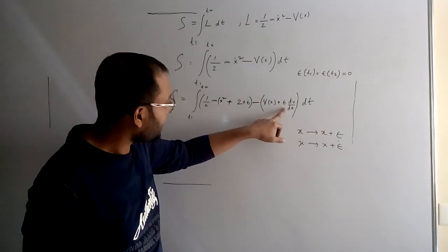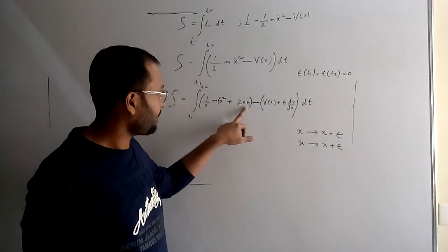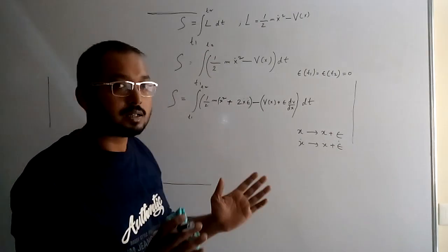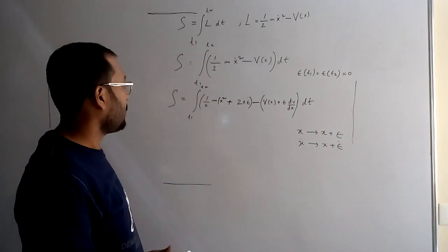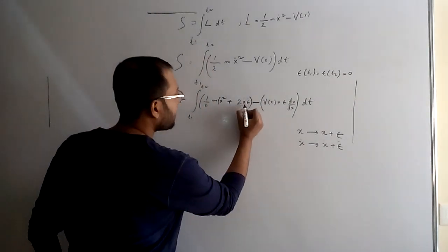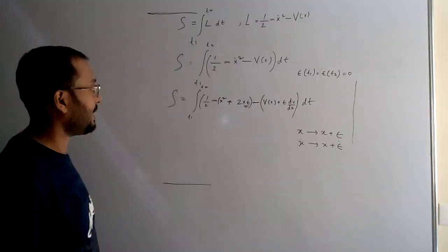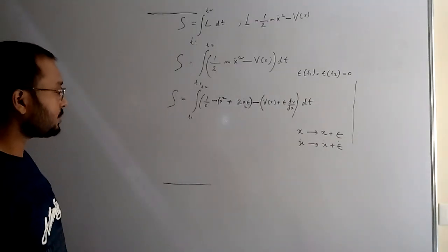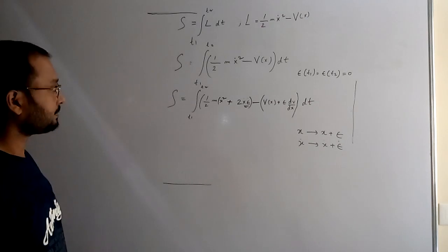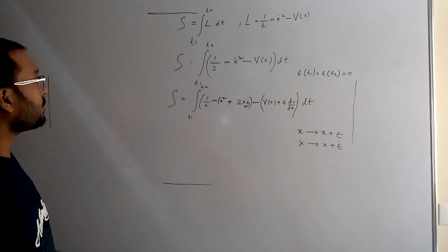Now here there is an epsilon, there is an epsilon dot. I want to isolate terms that contain epsilon. So what I can do for this term only, integration of x dot epsilon dot, is that I can use integration by parts.